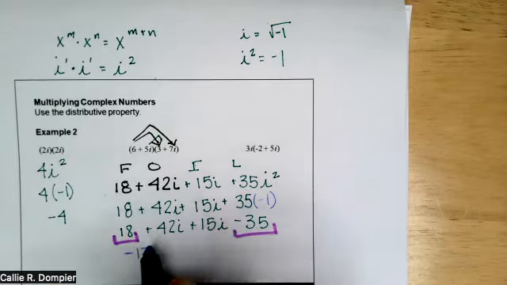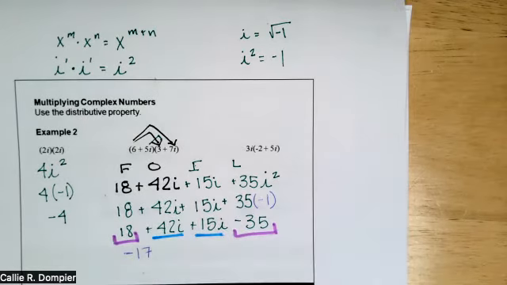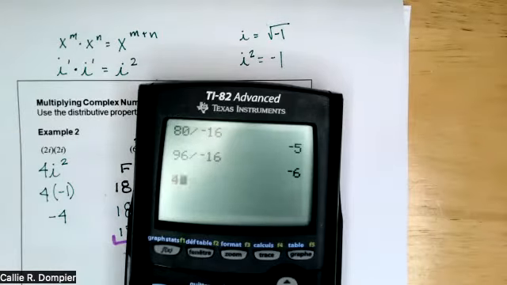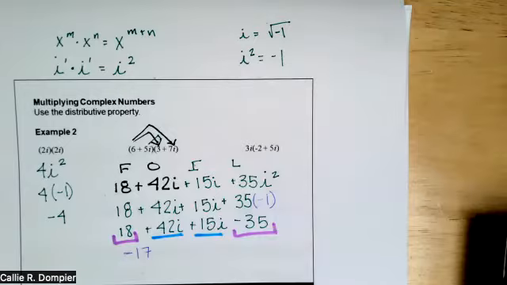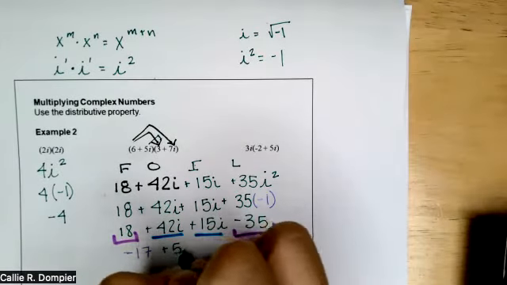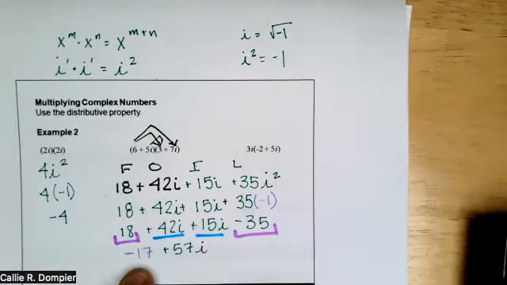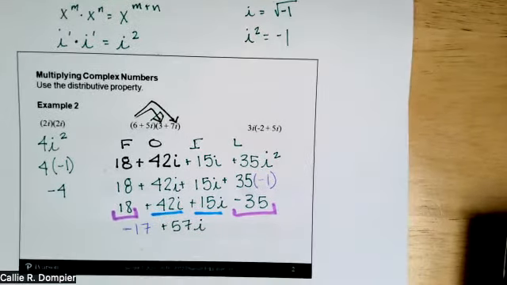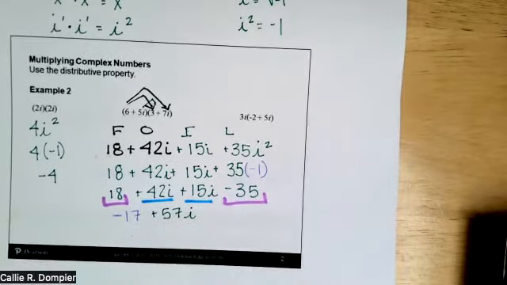And then 42i plus 15i, 42 and 15, 57. Again, we kept the real number in front, the imaginary number in the back, so that's already in standard form. That is done. That is all you can do.